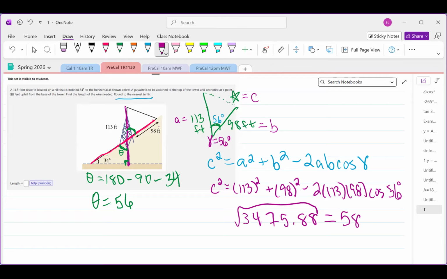And I got 58.95. And I'm putting the question marks here because I'm doing this on purpose. I know this is the wrong number. But looking at the problem, 58 actually seems kind of reasonable. 56 seems like it's probably the smallest angle. So that might actually be kind of close.